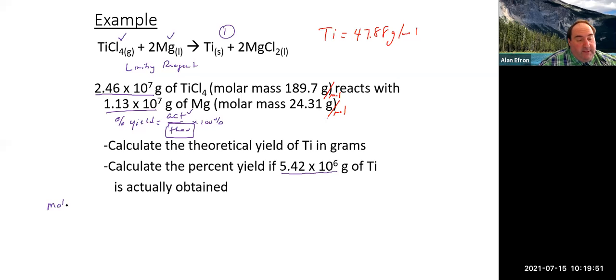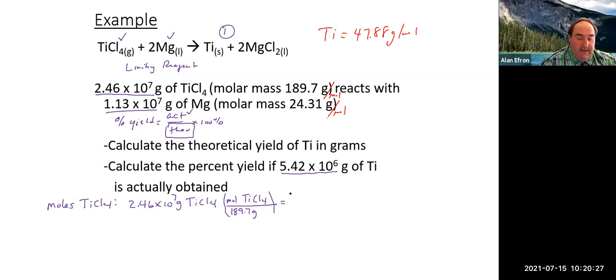So our moles of TiCl4 would be, and even though they're big numbers, everything's really the same, except you've got some bigger numbers to work with. 2.4 times 10 to the 7 grams of TiCl4. They were nice enough to give us the molar mass there in the problem. Obviously, if they did not, you would need to go to the periodic table to get that number. The 189.7 number would come from the periodic table, your Ti plus your 4 chlorines there.